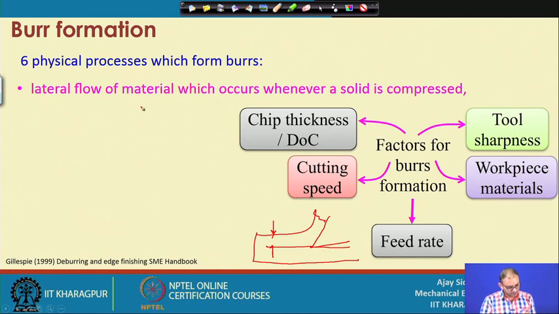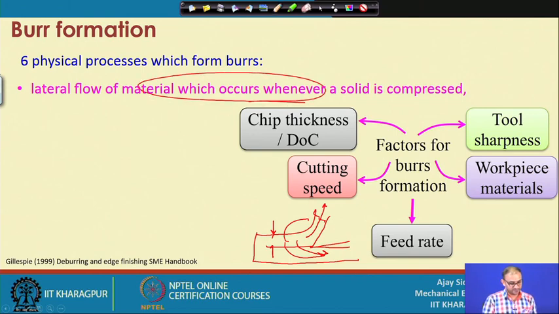We assume that all of the chip is flowing over the rake face of the tool, but we have seen in that flow mechanism that some material is actually moving on the side also, and that is creating a problem. Lateral flow means some material will also go onto the machined surface, and at that time it also creates burr formation.